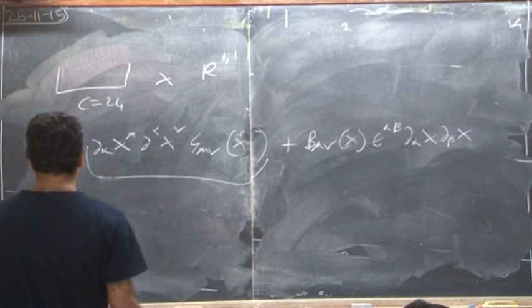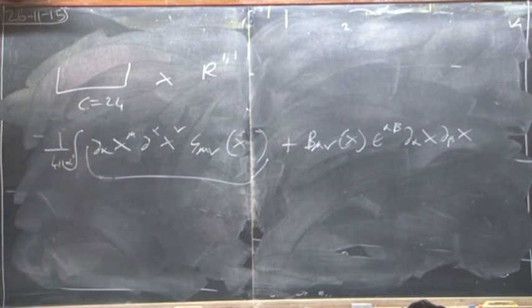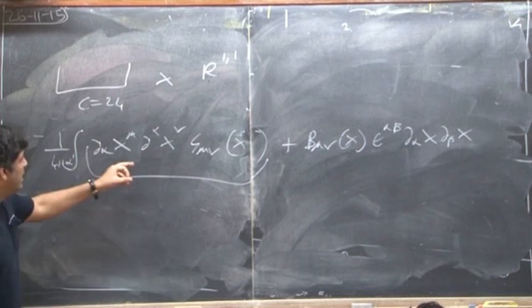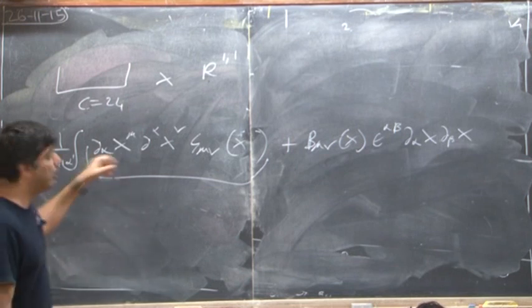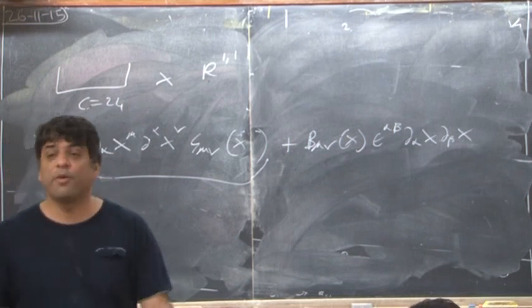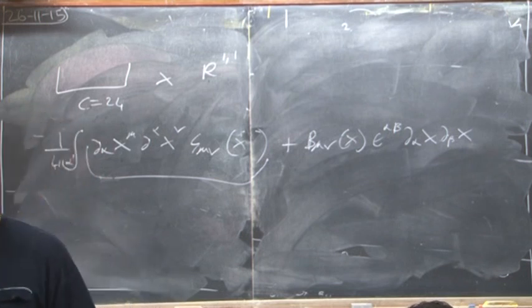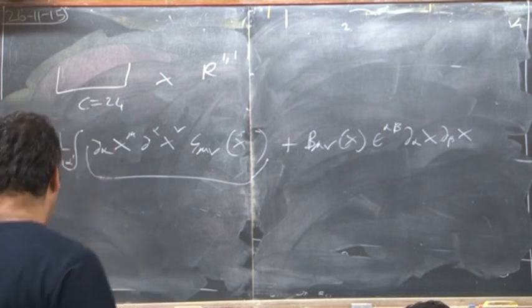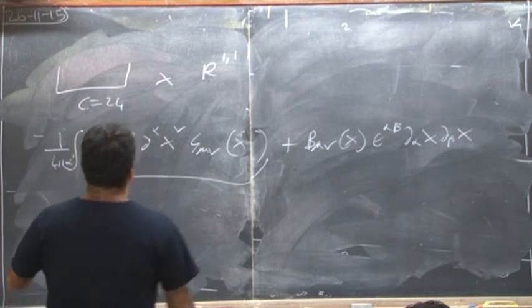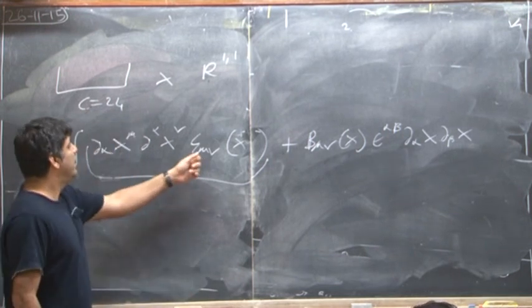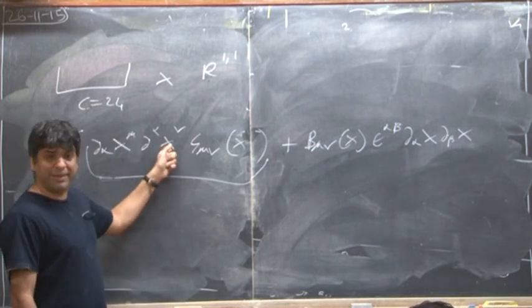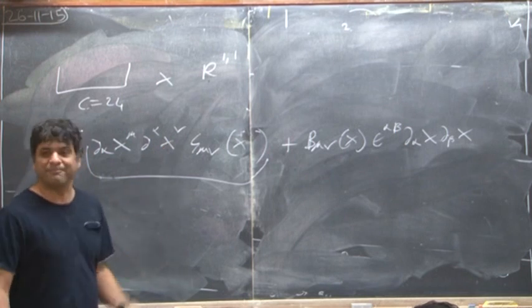By the way, let's take a few minutes off to understand the role of diffeomorphism invariance of the bulk from the point of view of the two-dimensional field theory. You see, suppose from the point of view of the two-dimensional field theory, x mu is just a field.